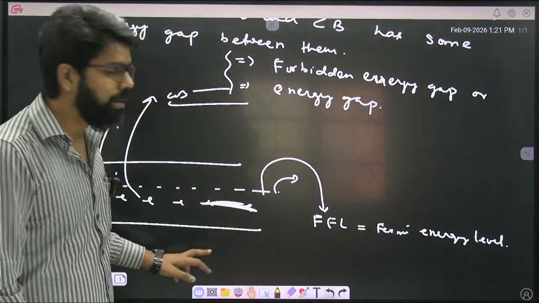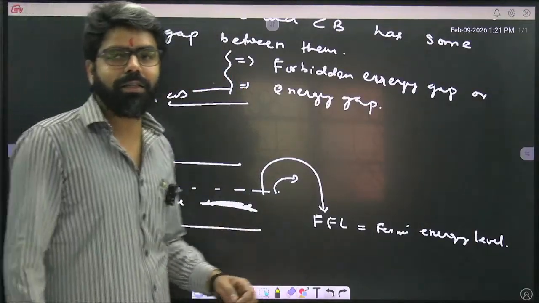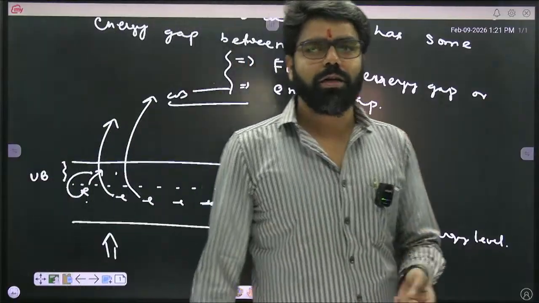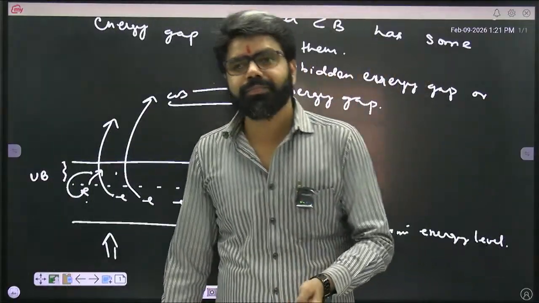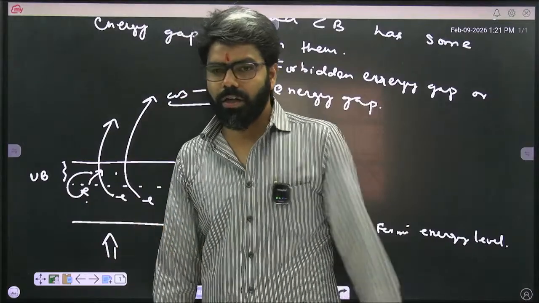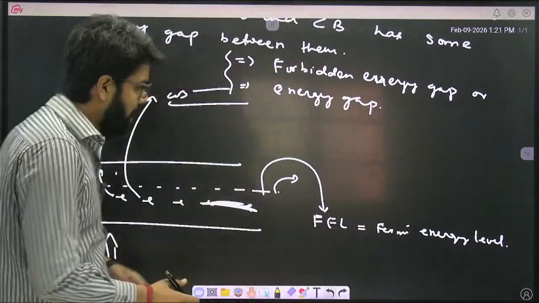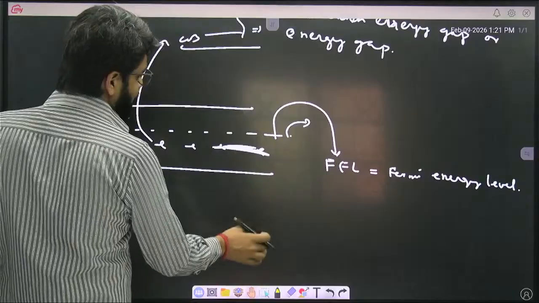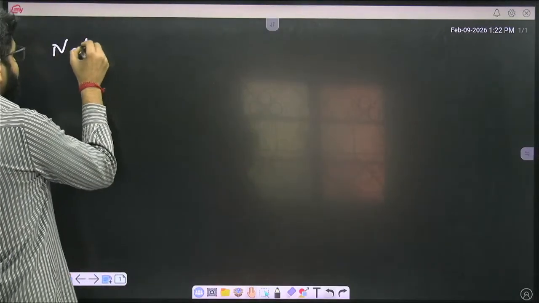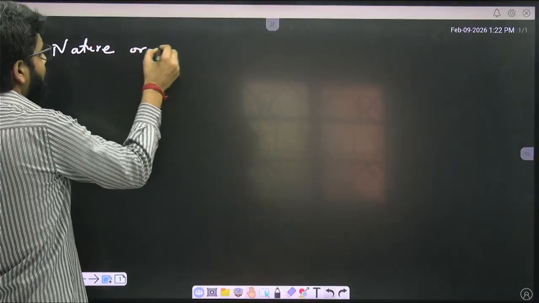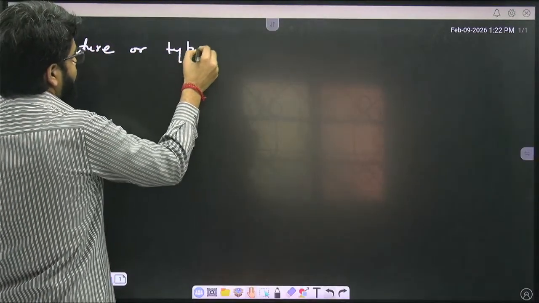So that is how the materials are categorized into semiconductor, conductor or insulator. And this is how the lattices are formed. So now you can write the nature or type of material.